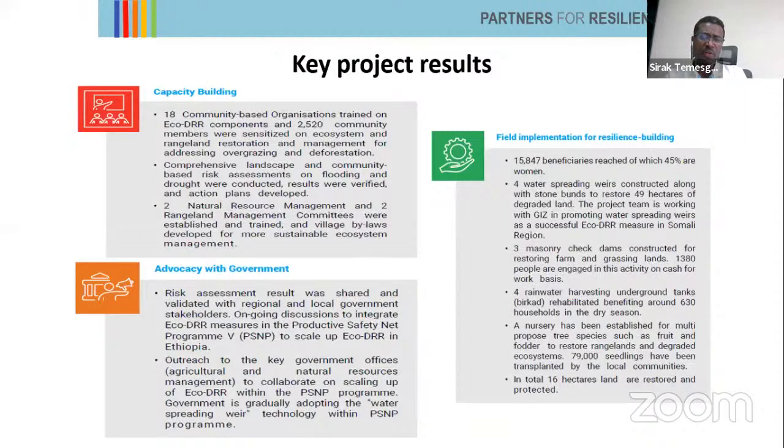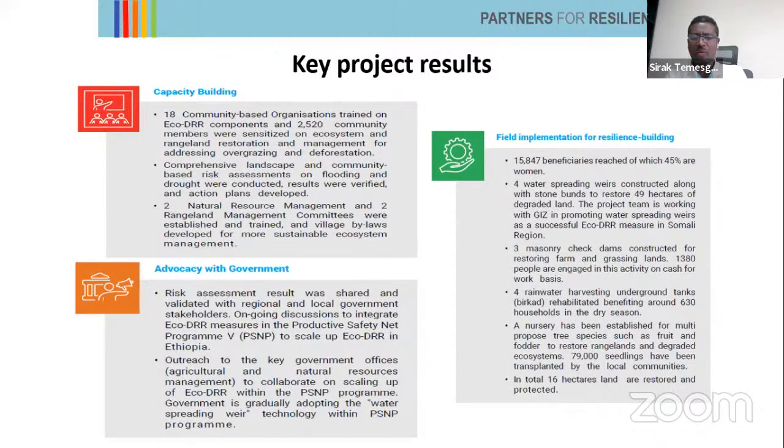With respect to advocacy, we shared the risk assessment results with government stakeholders. And in the districts where we have been implementing projects, we managed to incorporate some of the Eco-DRR measures tested through this project into the PSNP plans at the Woreda level.